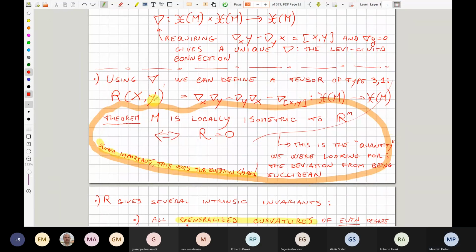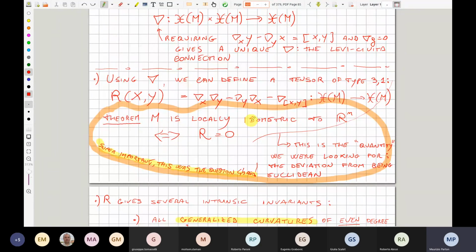The only time I use this color in all my notes, to show you that this is super important, and in fact I wrote "super important" and I highlighted the sentence, so this should give you the idea that this is super important, because this is exactly the question that we gave at the beginning of the lecture. Okay, and this is the quantity we were looking for, that is the deviation from being Euclidean.